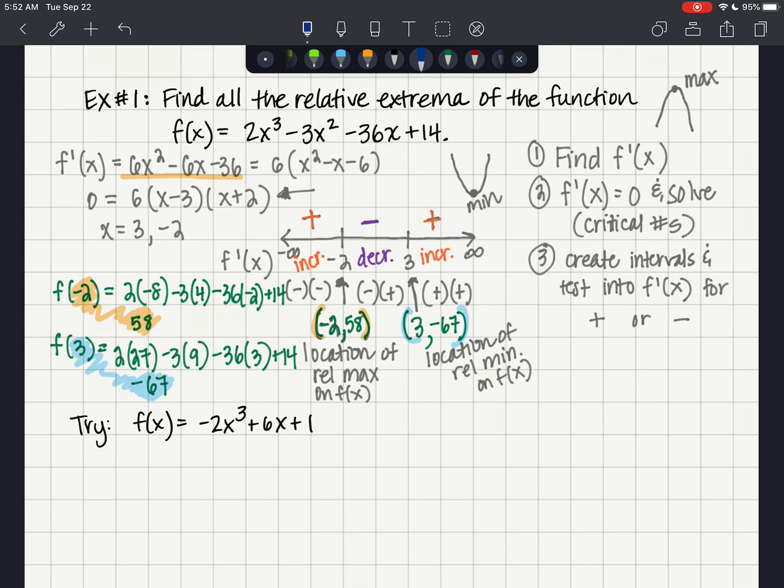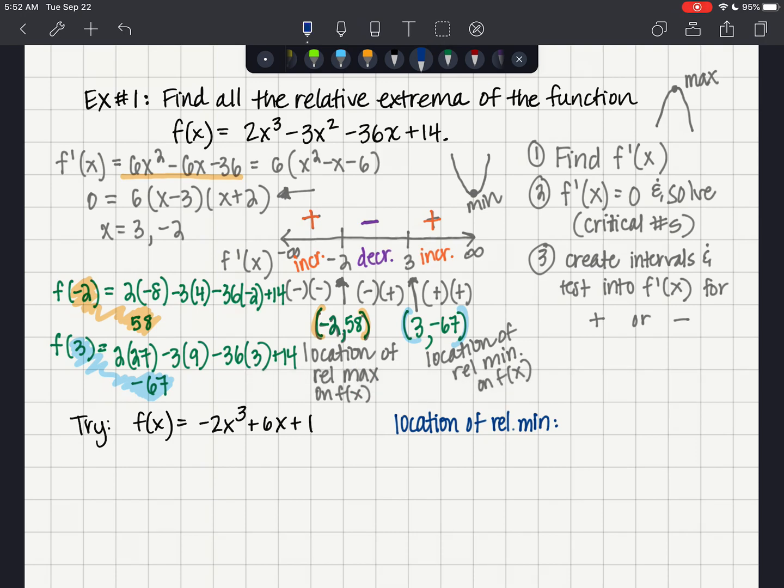I'm going to write my answer, the location of my relative min occurs, I'm going to need more room here.